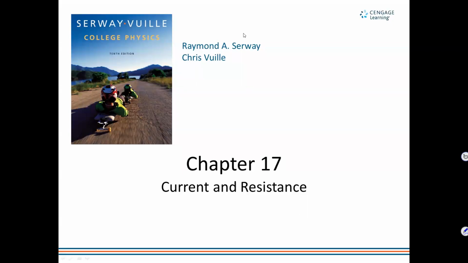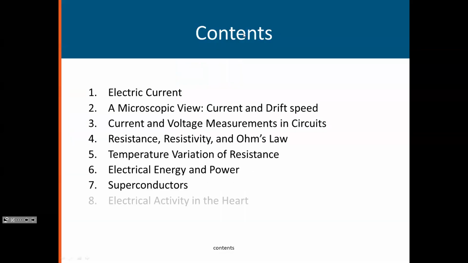So let's look at the content. Okay. Content, we have 8 sections. The last section is omitted. So 7 sections. We start with defining what electric current is.